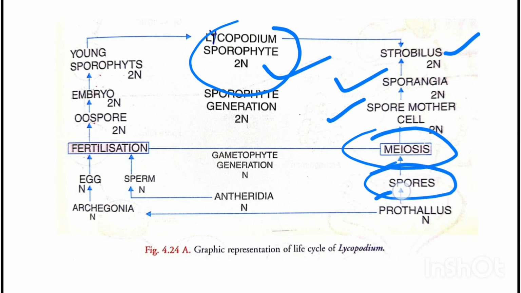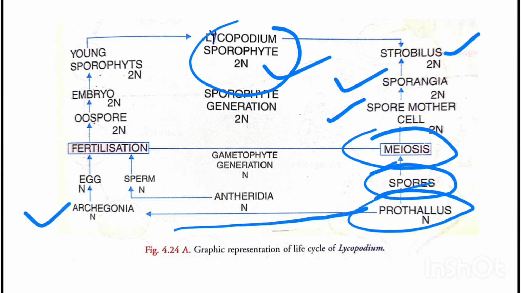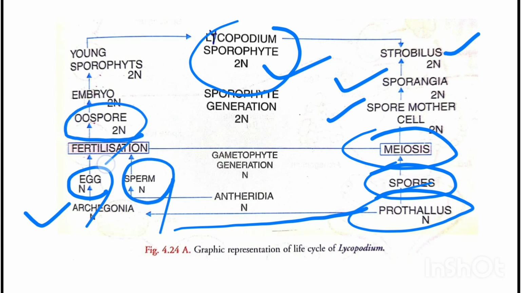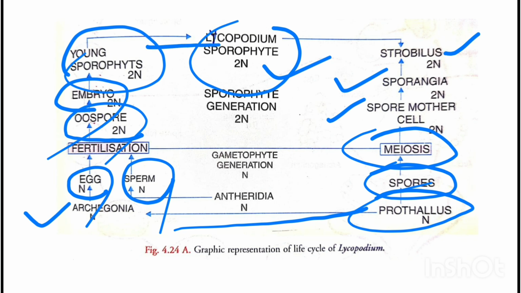Then spores germinate to produce prothallus. Prothallus develops antheridia and archegonia. Archegonia produce egg cells and antheridia produce sperms. Then after fertilization they produce zygote or oospore. Oospore or zygote develops to form an embryo. Then the embryo develops to form a young sporophyte. Then finally the whole developed sporophytic Lycopodium plant. So this is the whole life cycle of Lycopodium.